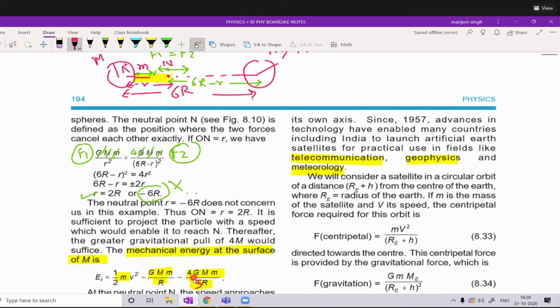For this, what will be the potential energy of mass m at this point? That is minus G m1 m2 upon r. So minus G into 4M into m upon the distance, which is 6r minus r.